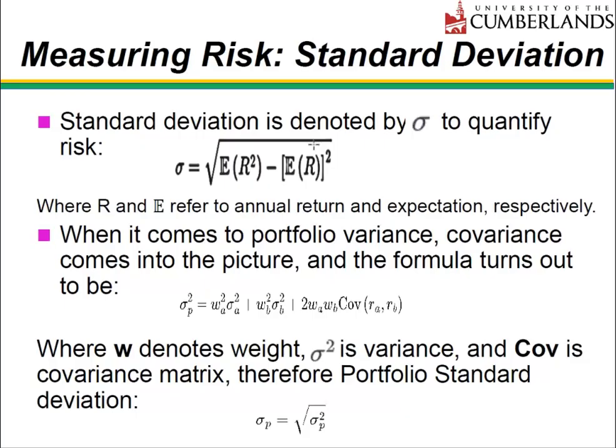The portfolio variance formula, which is shown here, includes the weights of each asset, the individual variances, sigma squared, and the covariance term, covariance between asset A and asset B. The weights represent how much of each asset is in the portfolio, while the covariance terms capture how the assets move together. The portfolio standard deviation is then the square root of the portfolio variance.